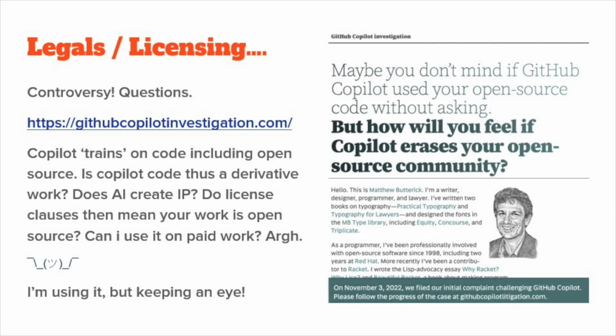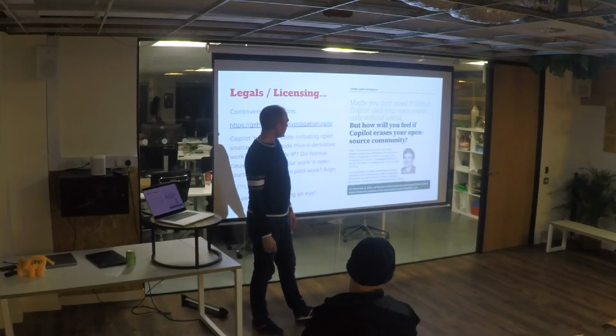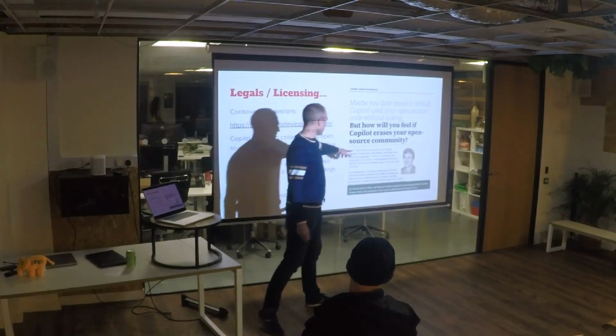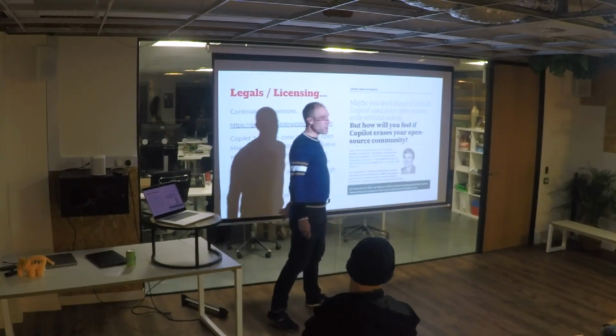There are some issues. There are some questions. So this is the big one. I thought there'd be no internet. Basically open source people, I think it's a class action lawsuit this guy is pulling together. I think he's a lawyer and developer. There we go, he's a programmer and a lawyer and a writer too.